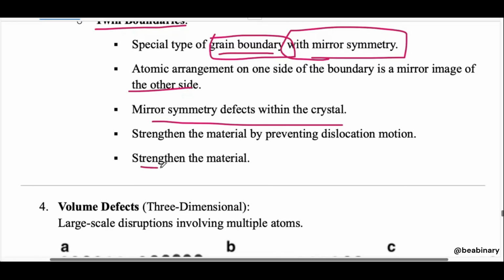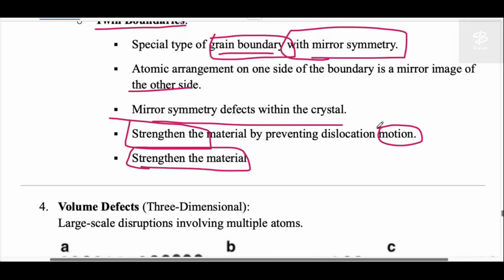Strengthening the material means the strength will not be compromised. How? Because the dislocation is not able to move. If the dislocation were able to move from its position, you would be compromising your strength, though you could have more ductility in that case.